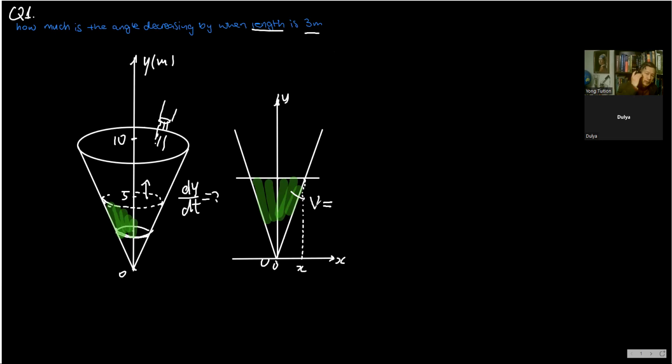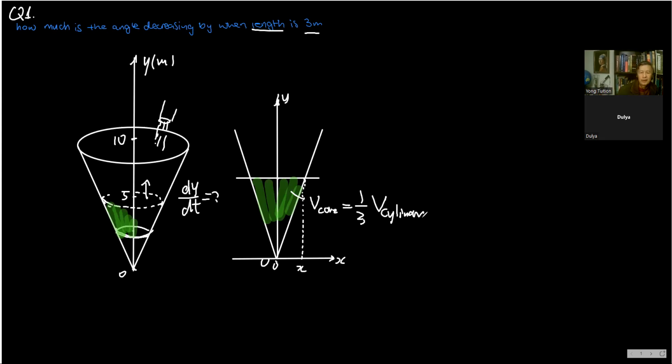Do you remember the volume formula for the cone? It's 1/3 of the cylinder. So a cone is equal to 1/3 of the cylinder.